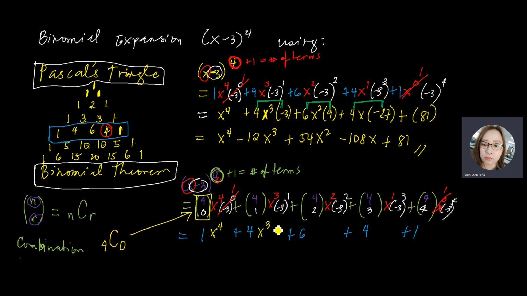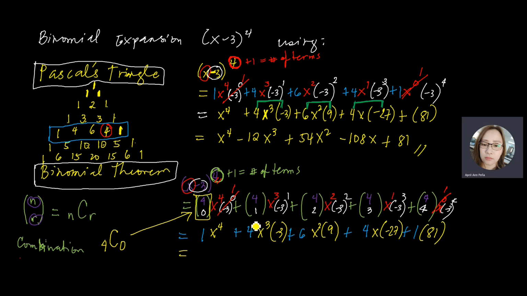We do have here x cubed, negative 3 raised to 1 is negative 3. We do have here x squared, negative 3 raised to 2 is 9. We do have here x raised to 1, so simply x. Negative 3 cubed is negative 27. And then x raised to 0 is 1. Negative 3 raised to 4 is positive 81.